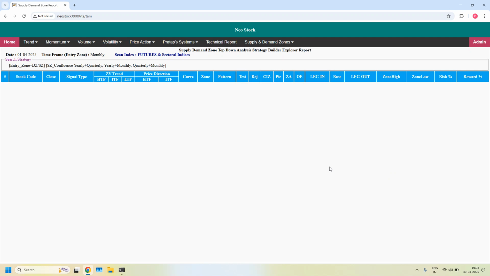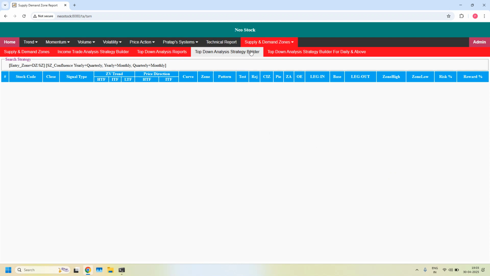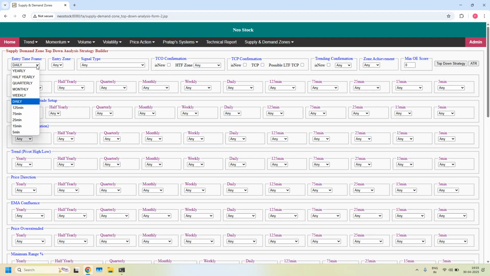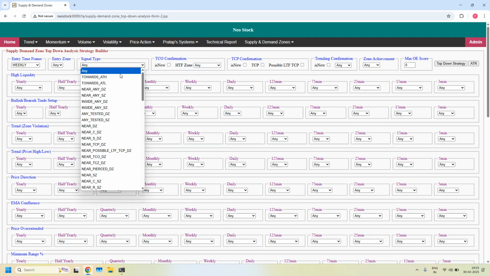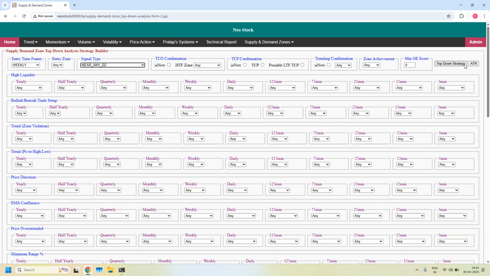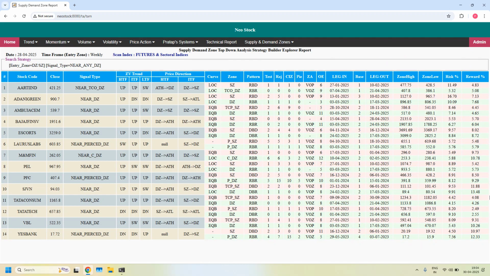Okay. So this is about monthly reports. Next, weekly. Entry time frame weekly. Let us find the stocks near to the weekly demand zone. We got 14 stocks.